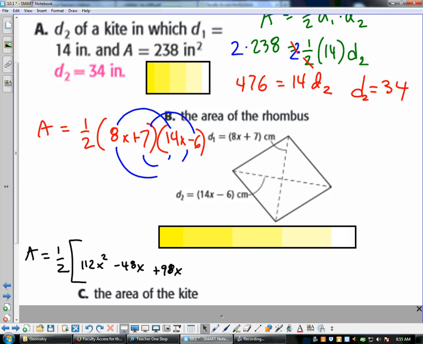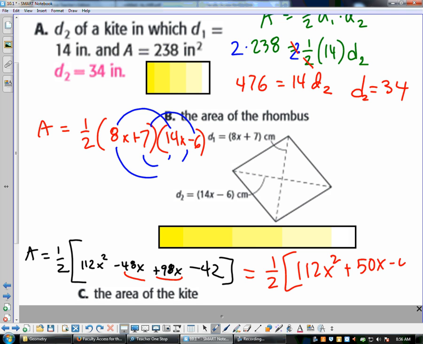Amanda: Plus 42. Do people agree? 7 times negative 42. Okay, and so if we combine our like terms here, what's negative 48x plus 98x? 50x. So I get 1/2 times 112x squared plus 50x minus 42.